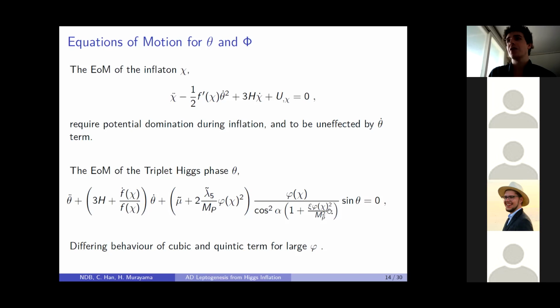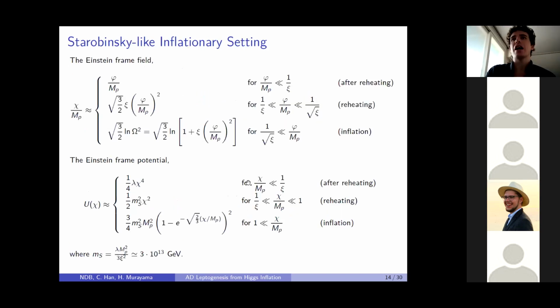But one should note, say we consider the large field values of phi, this term becomes like 1 on phi, so your cubic term is proportional to 1 on phi, while our dimension 5 term is proportional to phi. As shown here, if you convert phi into a function of chi, it has an exponential-like dependence.